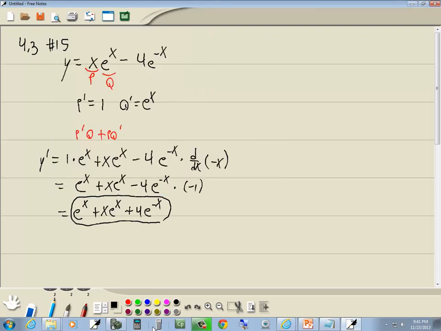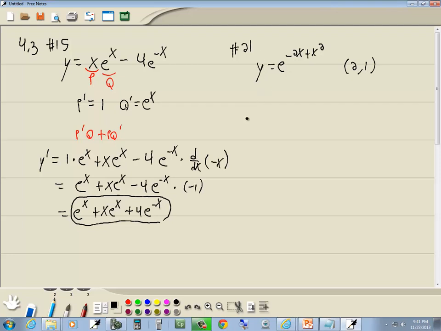Let's see, 21. We got y equals e to the negative 2x plus x squared, at the point 2, 1. Okay, find the equation of the tangent line.